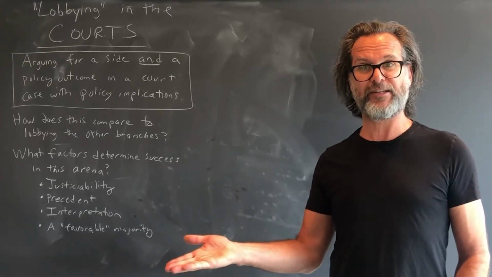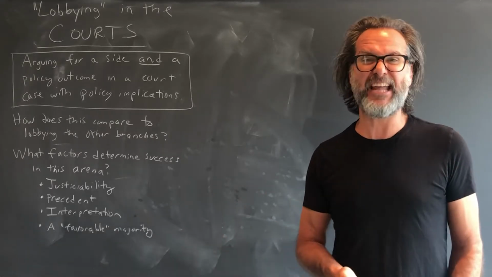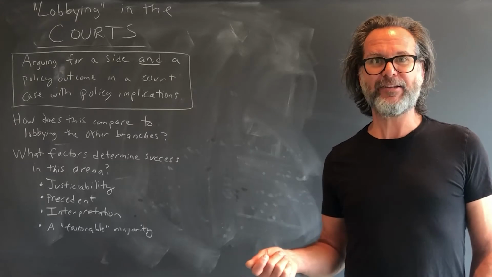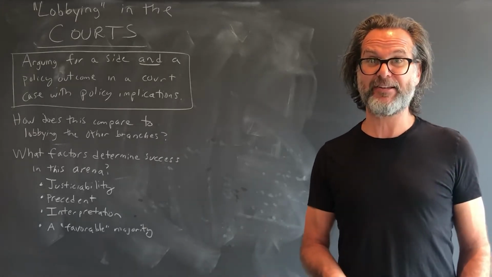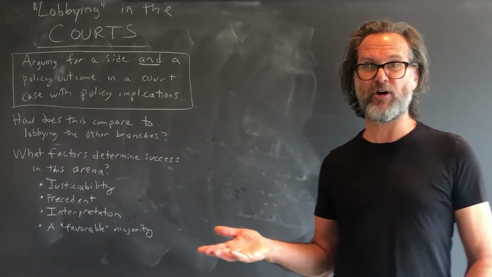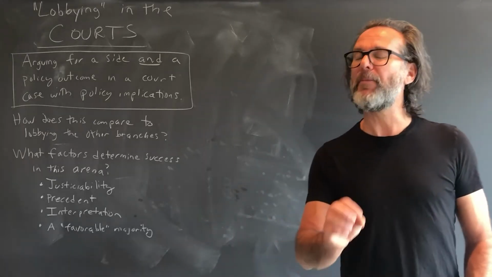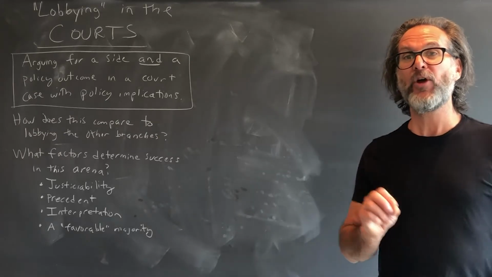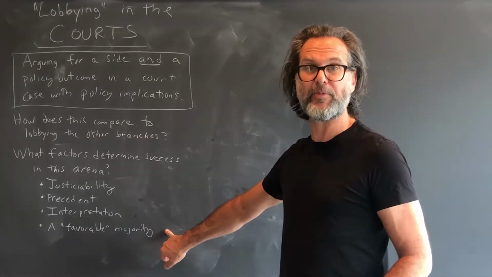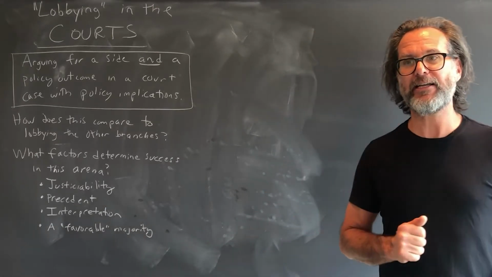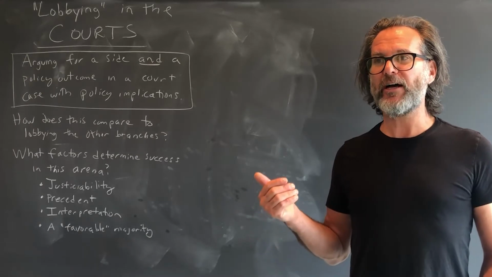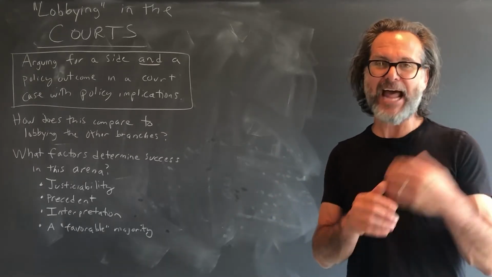Obviously, the Georgia anti-sodomy law was the first case, but Texas's anti-sodomy law was virtually identical. And in that case, precedent was on the side of Texas, but the Supreme Court basically just overturned Bowers versus Hardwick and said that was wrongly decided. That happens, but it happens very, very rarely. The reason why that happened is a combination of interpretation and a favorable majority, and I'll talk about that in just a second. But the case at hand is never exactly the same.